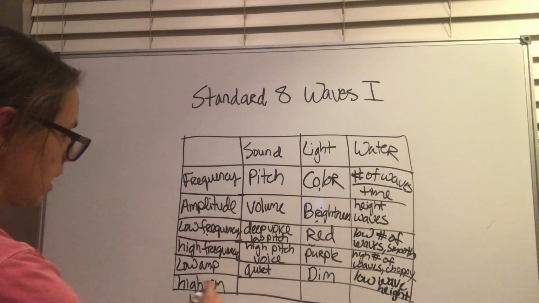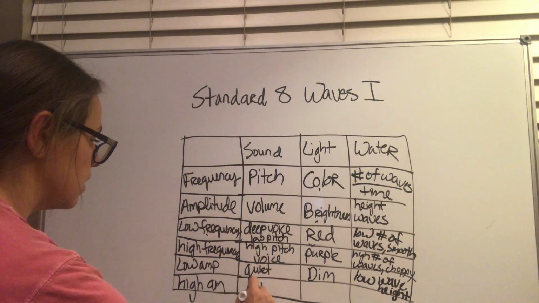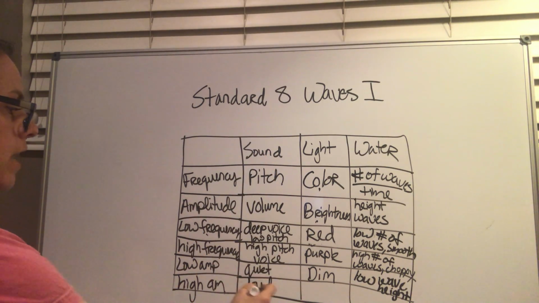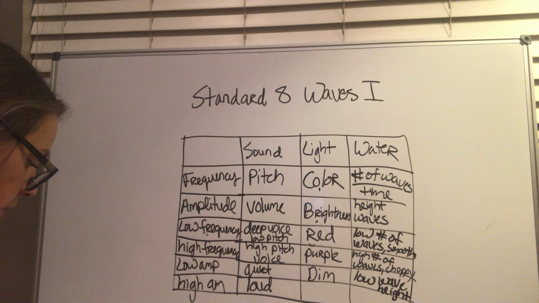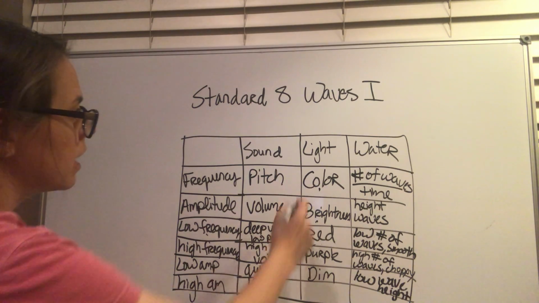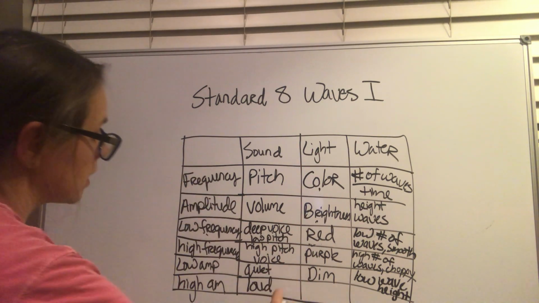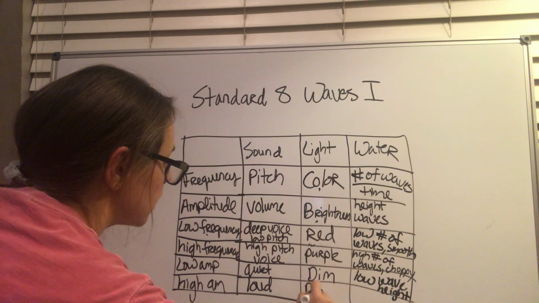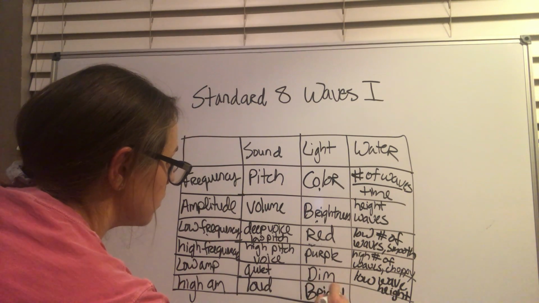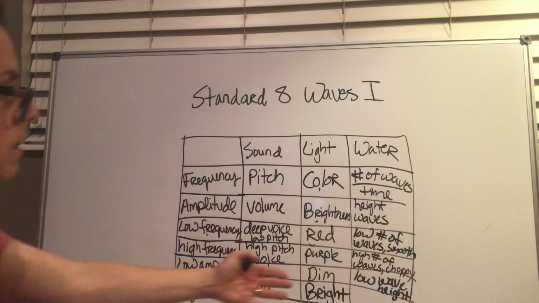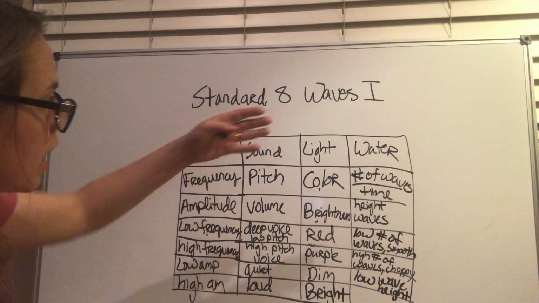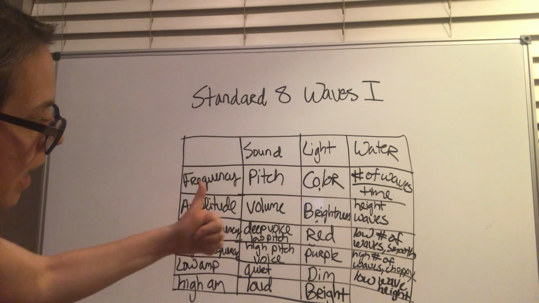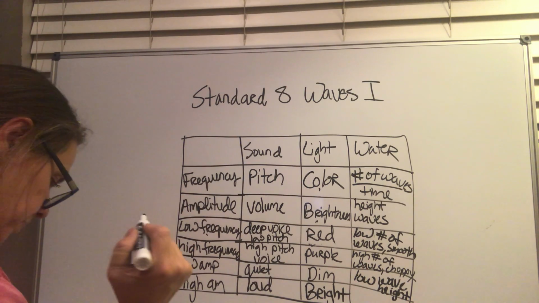And then high amplitude is when our sound is loud. And we're talking a really loud voice. Okay, and when light is quote unquote loud, we're talking about bright lights. When light amplitude is high, the light is bright.